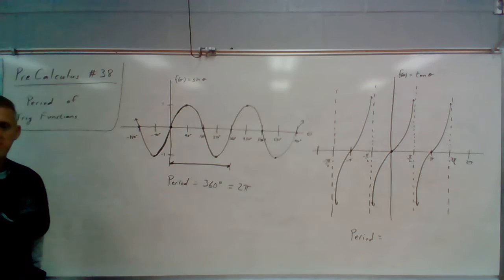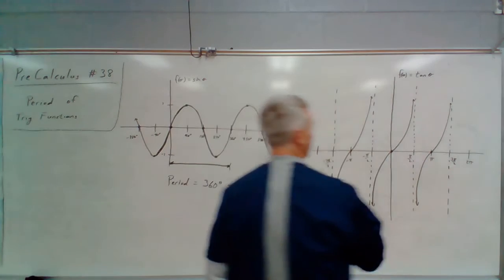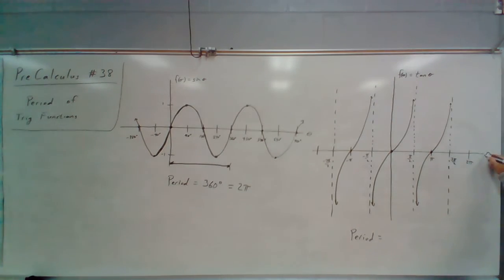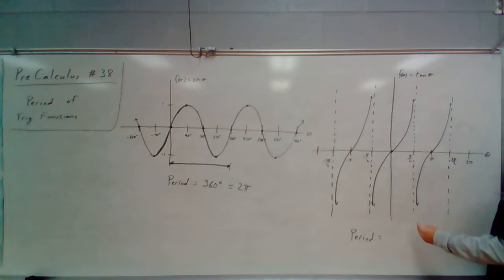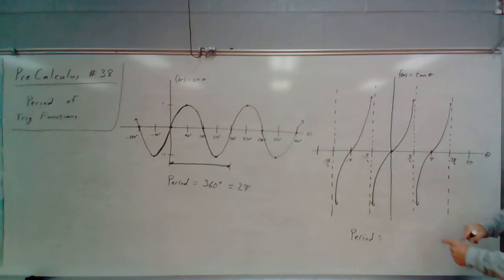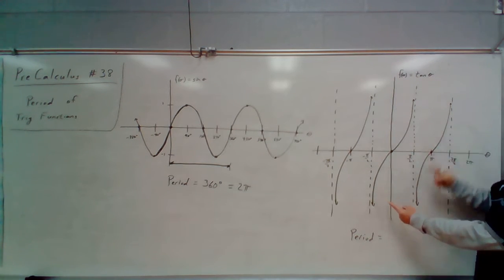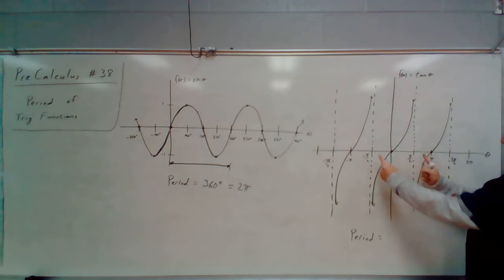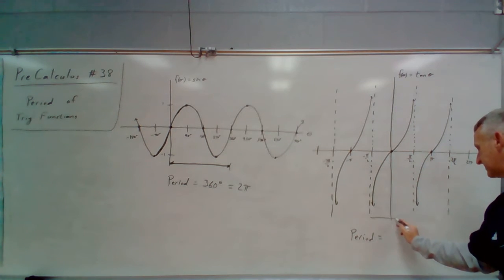All right, let's look at the period of tangent. How many degrees or radians are required to go through one complete cycle? So notice the pattern that occurs here. We have this, and this. So the distance to go through one complete cycle here would be this distance.